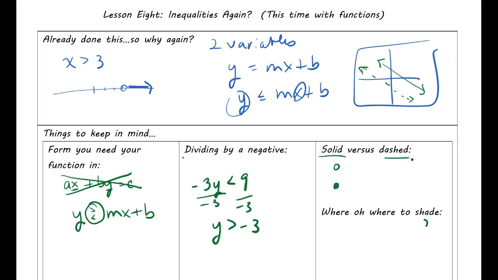What's going to happen is if you see less than or equal to or greater than or equal to, it's like the solid dot where you're going to have a solid line, okay? But the open circle is if we had greater than or less than without the equal to underneath.